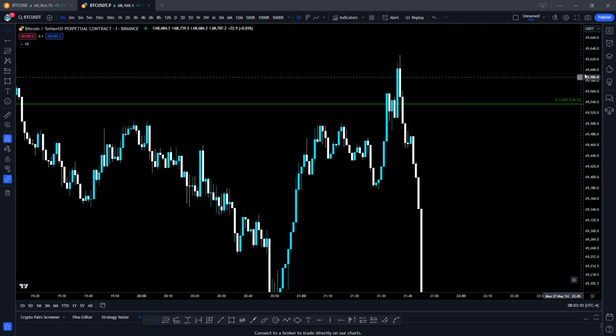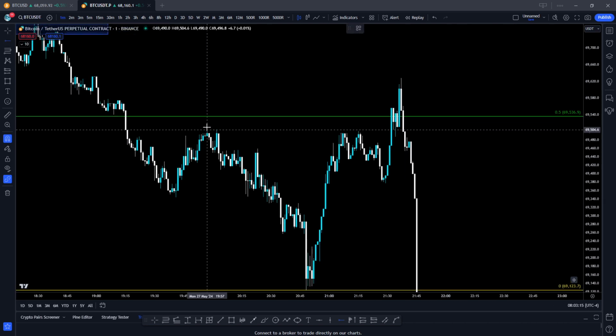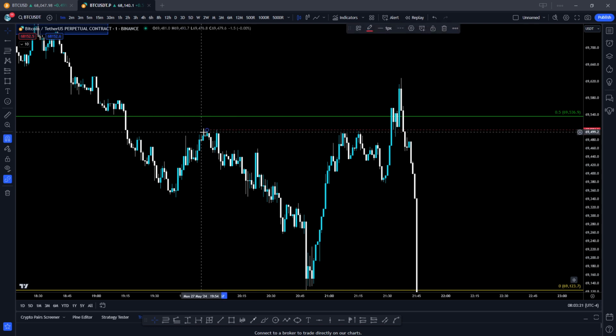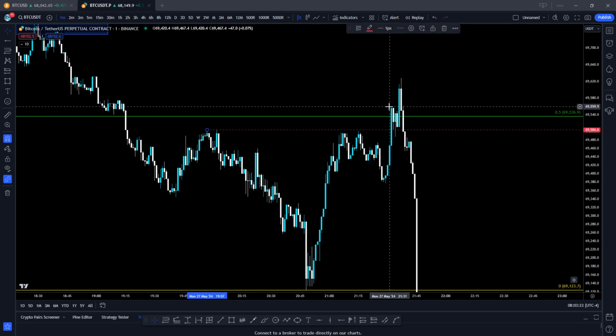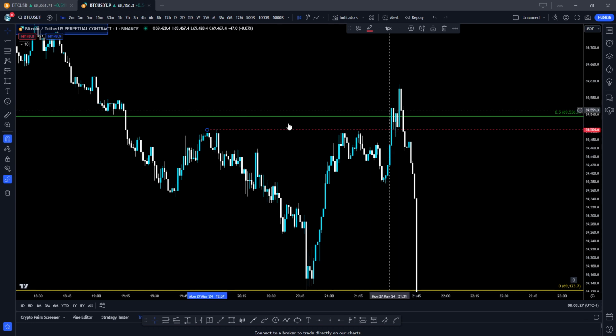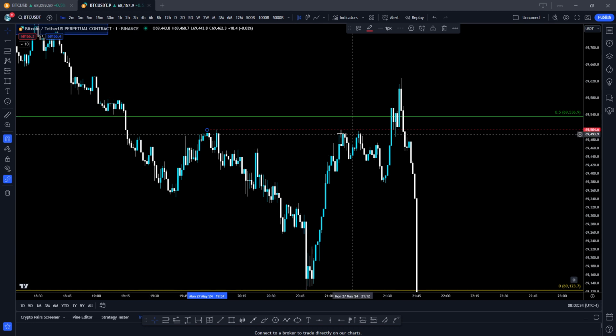Now, something that we can see and anticipate is the fact that we have this buy side liquidity up here. We've got these equal highs over here. So we kind of anticipate these to get taken out. And they do get taken out right as we are going for that 50% retracement of this range.